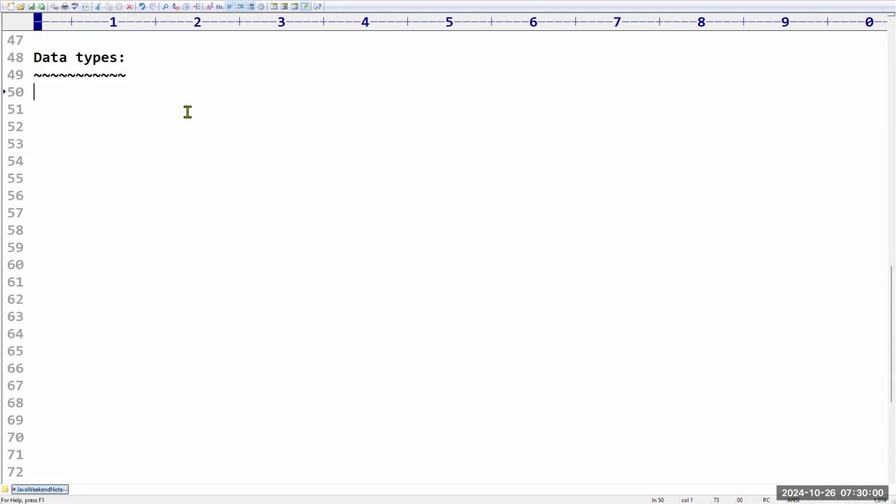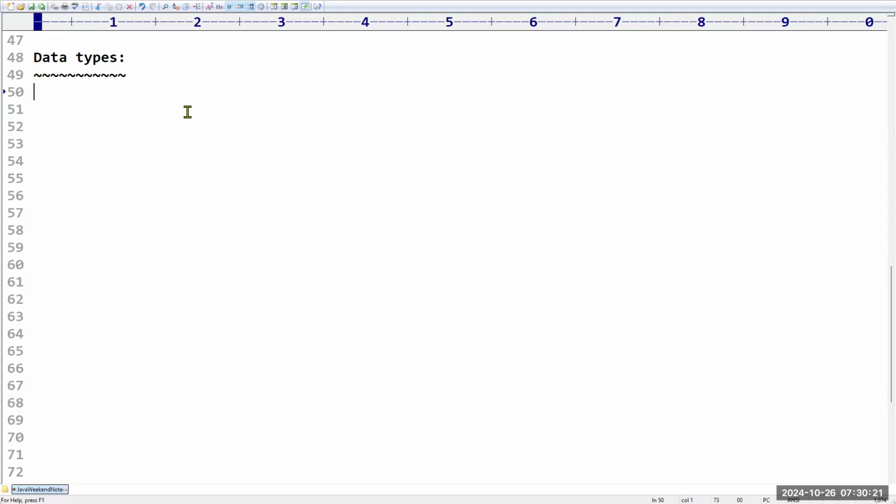Yes, what is data type? We do have different types of data like alphabets, numeric, characters, and special symbols. That has been defined as different types of data. Yes.